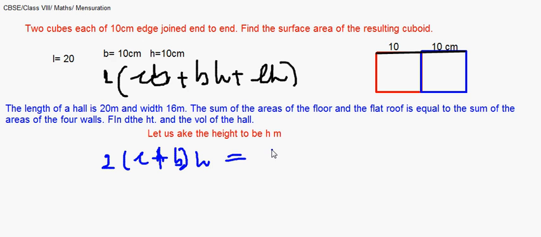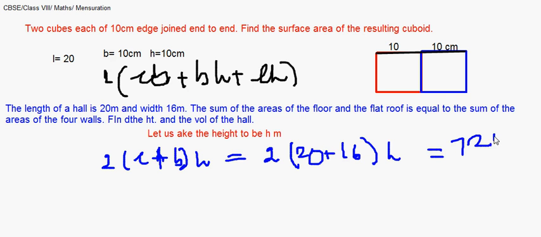We have to find the sum of the areas. 2 into length, which is 20, plus breadth, which is 16, and we have assumed h to be height. So this is equal to 72h meters square. This is the area of the four walls of the room. Now it says sum of the areas of the floor and the flat roof.